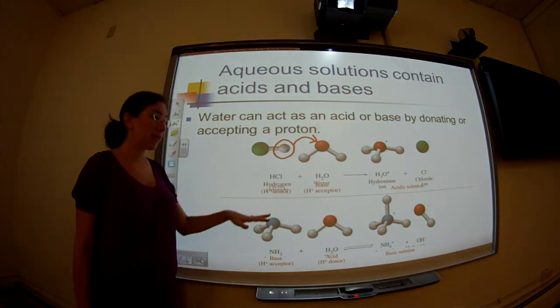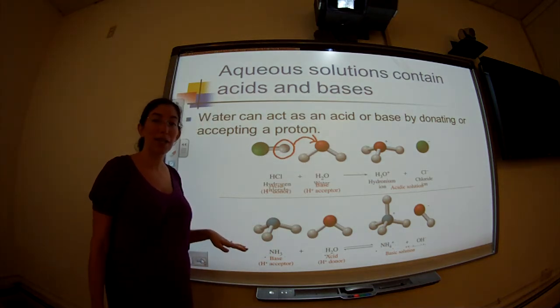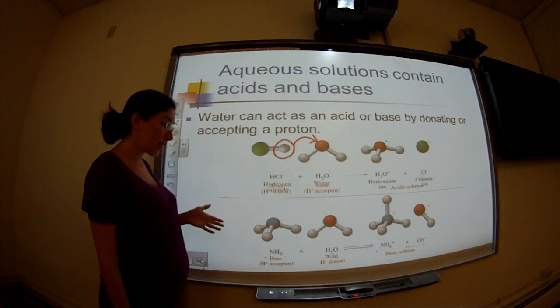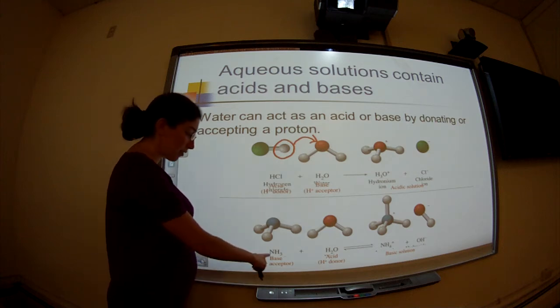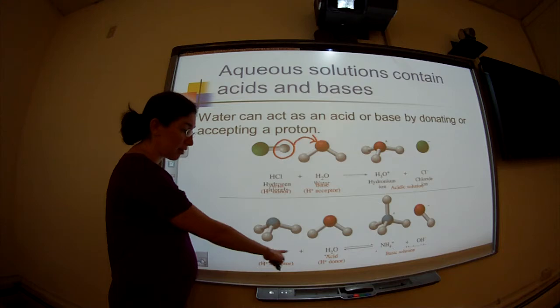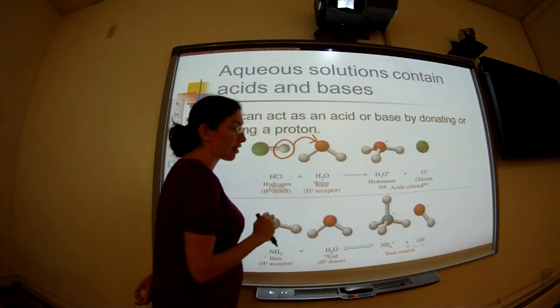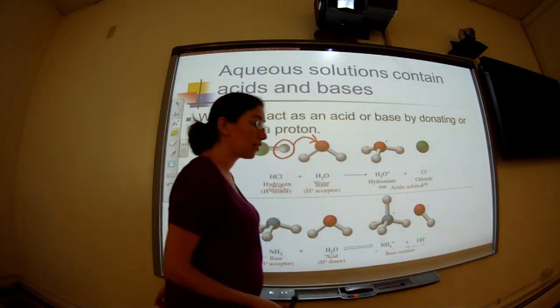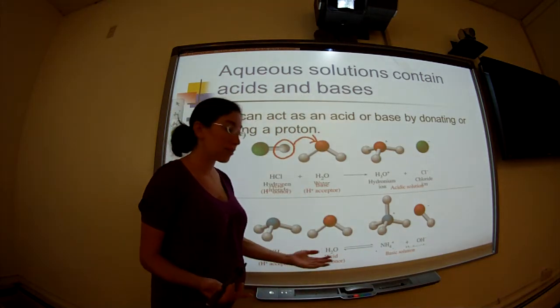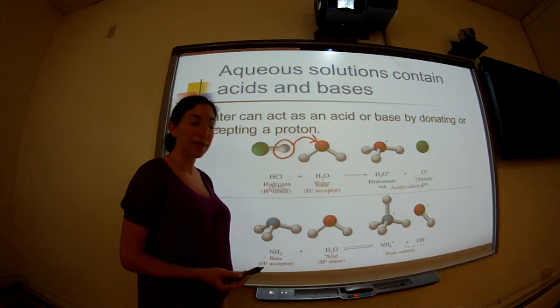In the next example, we're looking at how water can act as an acid, because in this example, you have ammonia plus water becomes ammonium ion plus hydroxide ion. So hydroxide ion is produced. That gives us a clue that it's a basic solution, according to Arrhenius.